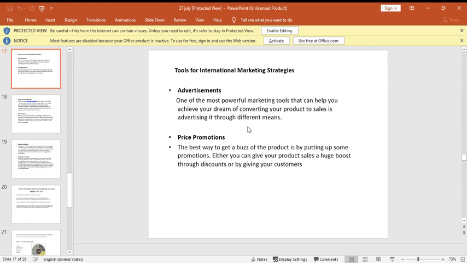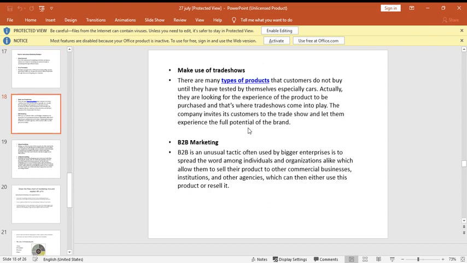And about price promotions, the best way to get a buzz for the product is by putting up some promotions. Either you can give your product sales a huge boost through discounts or by giving your customers gifts. And make use of trade shows.